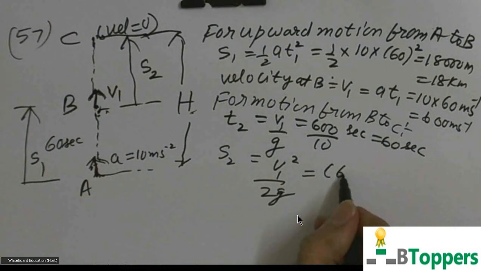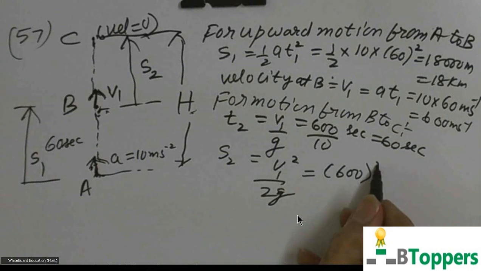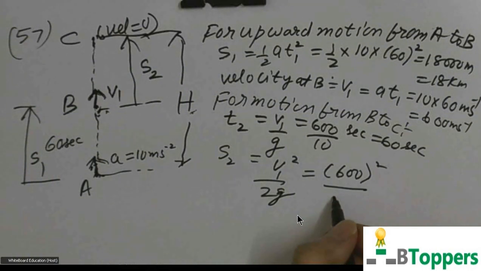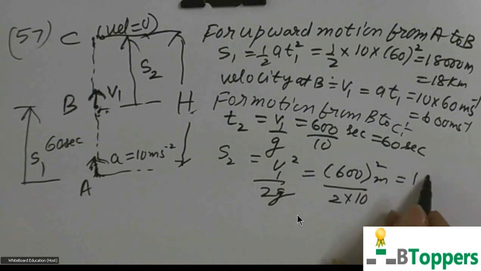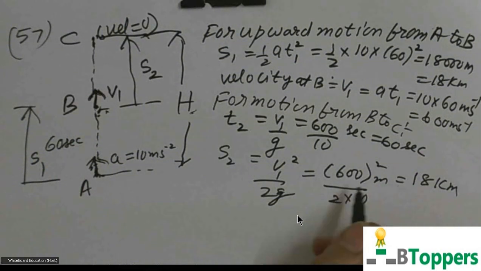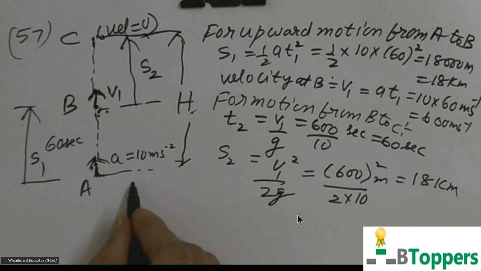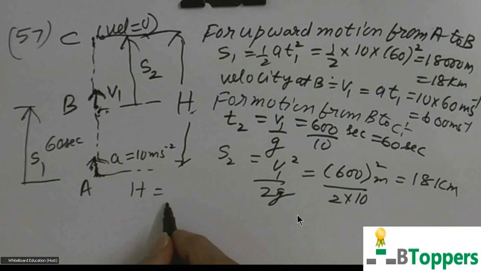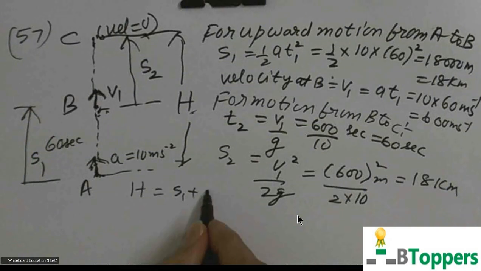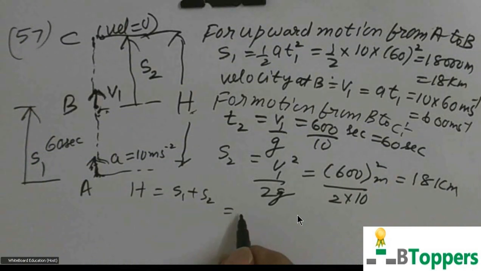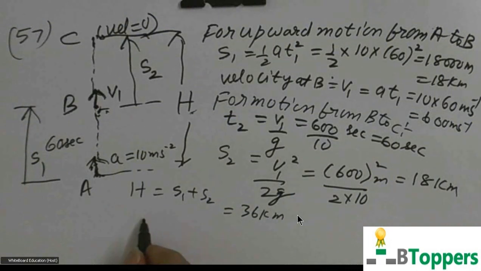S2 equal to V1 square by 2g, that is 600 meters per second whole square by 2 times 10 meters per second square. That comes out, if simplified, to 18 kilometers. So the maximum height reached above the initial point is S1 plus S2. That comes out to 18 plus 18, 36 kilometers or 36,000 meters.